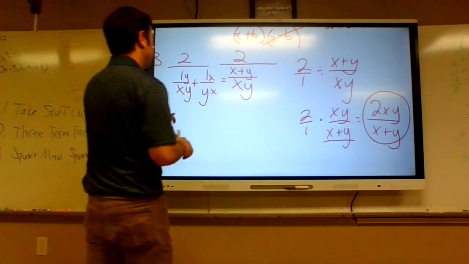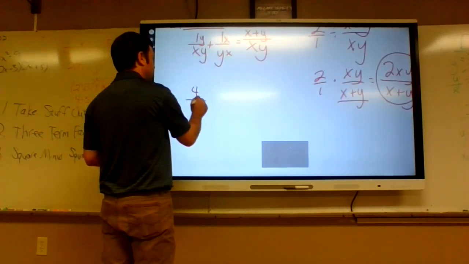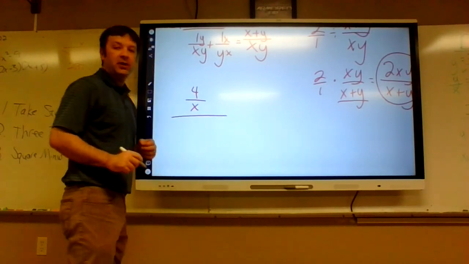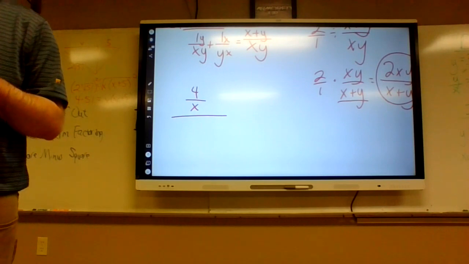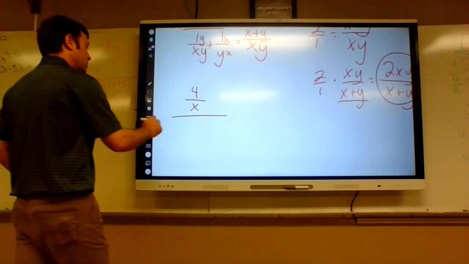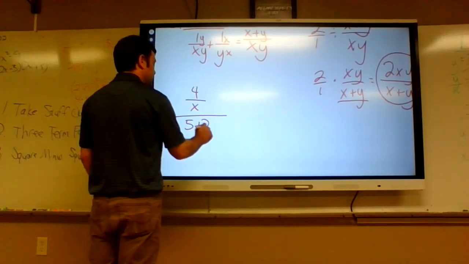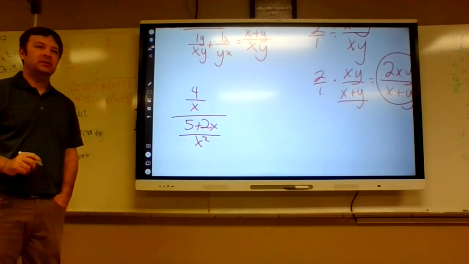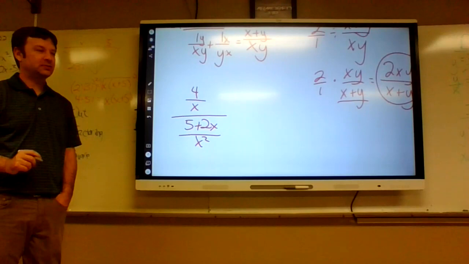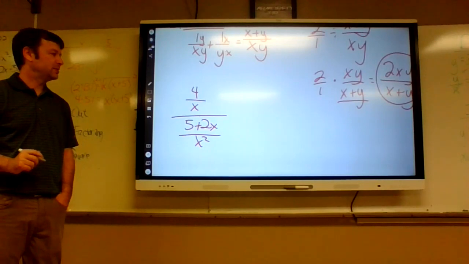So the top, I lied, I'll write it down, was 4 over x. The bottom is 5 plus 2x over x squared. This is not the answer, but how do I set that up to solve?